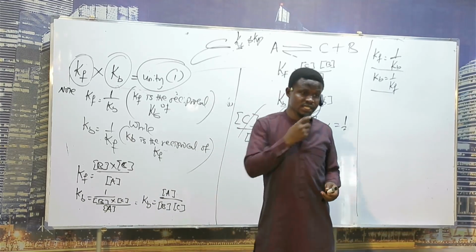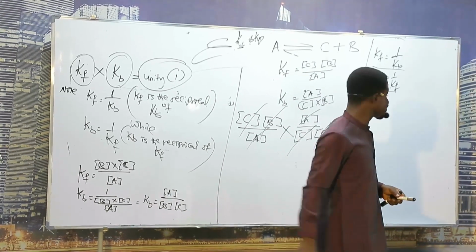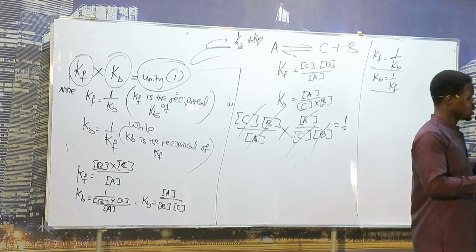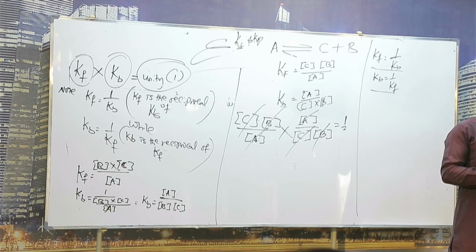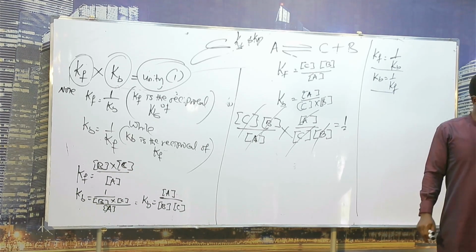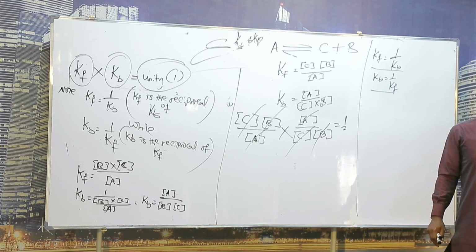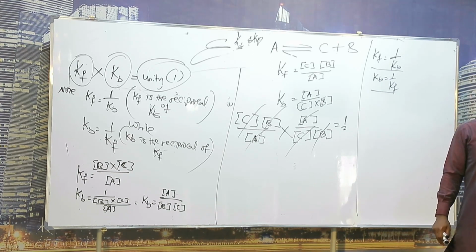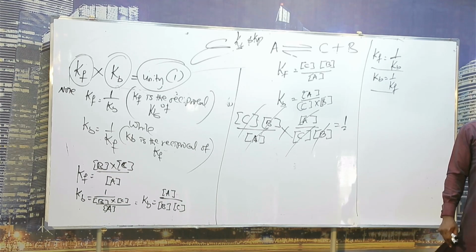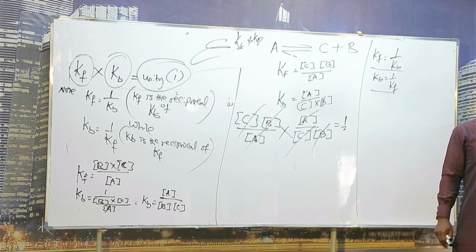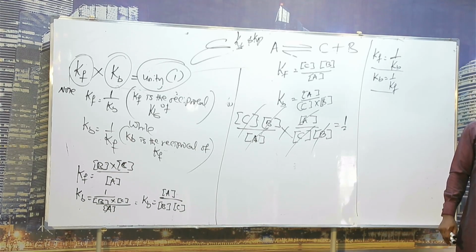But they are different things. So write relationship between KC and KP. KC and KP are equilibrium constants of ideal gaseous mixtures.